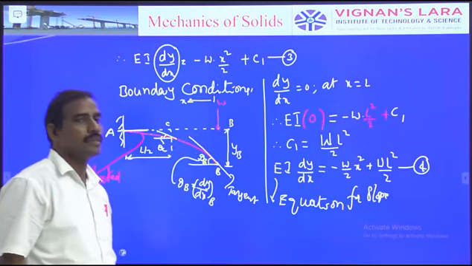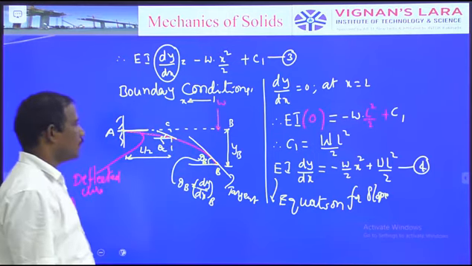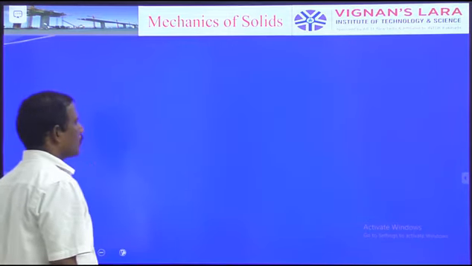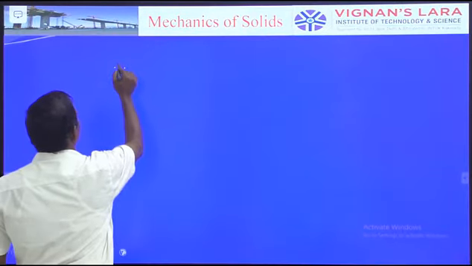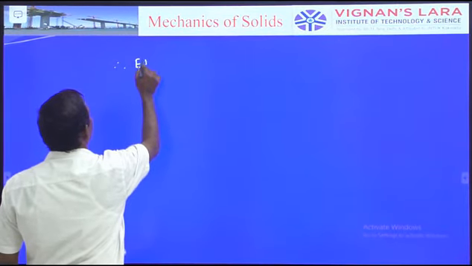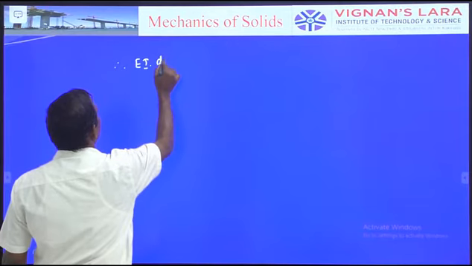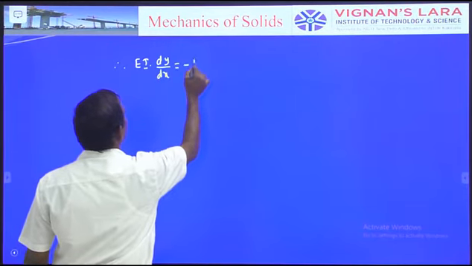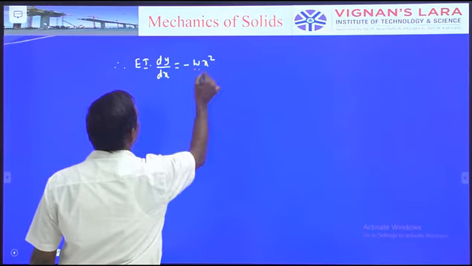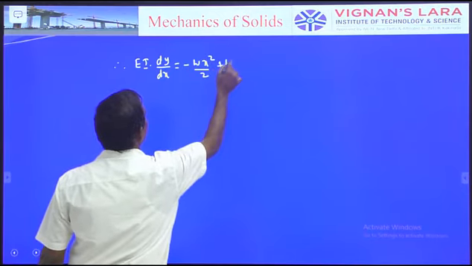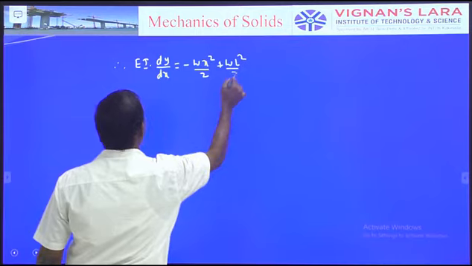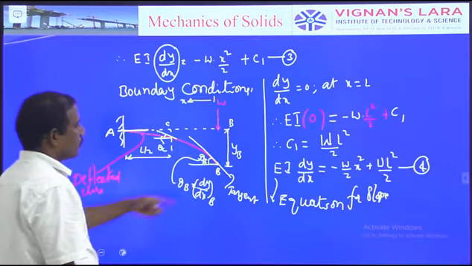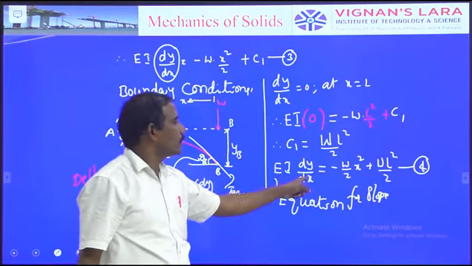So now you can find the slope at x is equal to 0 and the slope at x is equal to L. We know that EI into dy by dx is equal to minus wx square by 2 plus wl square by 2. So this is the equation for the slope.